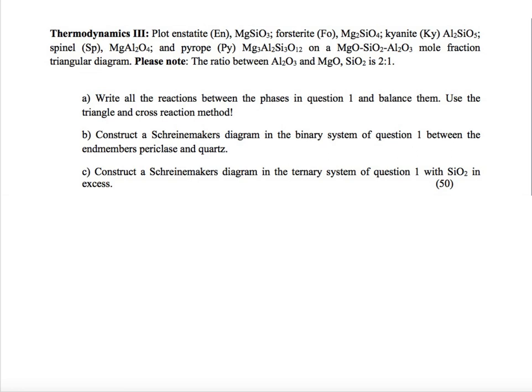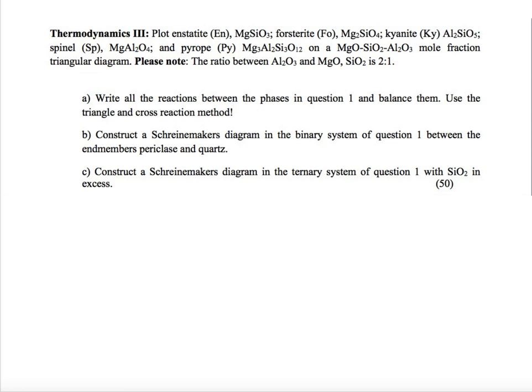Use the triangle and the cross reaction method, which you should know by now as well. Then B, construct the Schreinemakers diagram in the binary system of question 1 between the end members periclase and quartz. C, construct the Schreinemakers diagram in the ternary system of question 1 with SiO2 in excess.